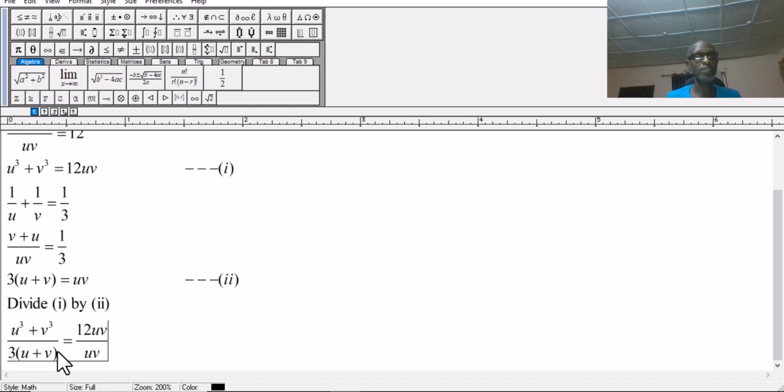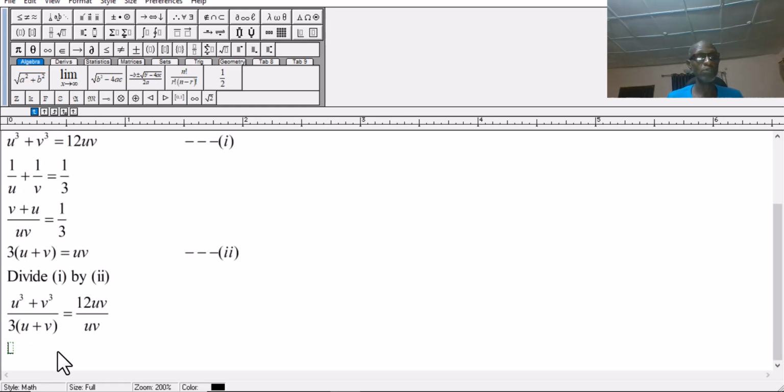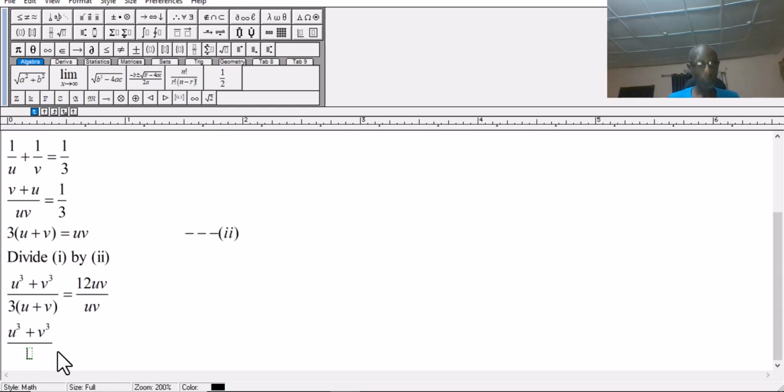So that's dividing 1 by 2. So what we have there is u cubed plus v cubed over u plus v, everything equals 36. I've taken this 3 to this side. The uv and uv, both of them will cancel. So these 3 come to this side and become 36.